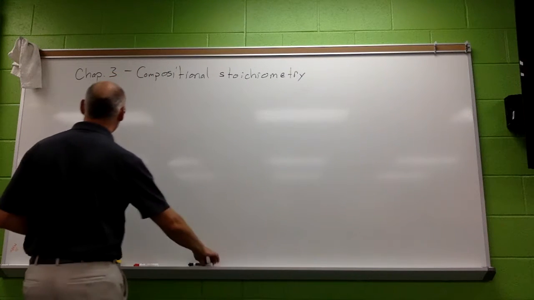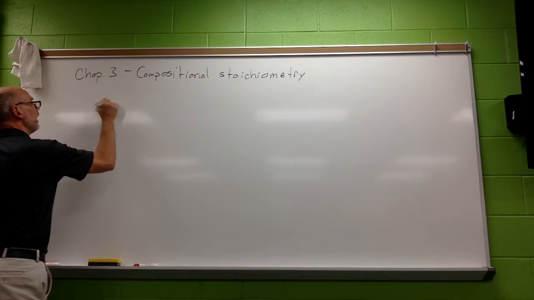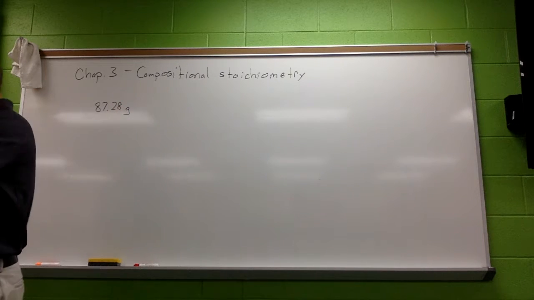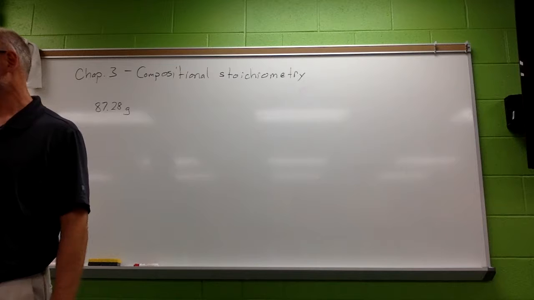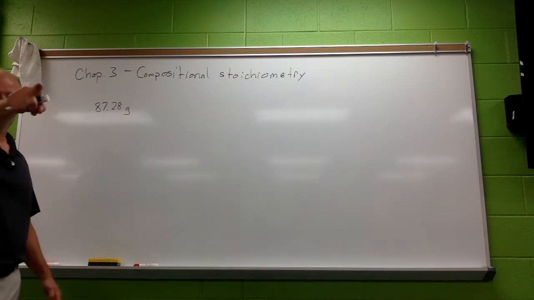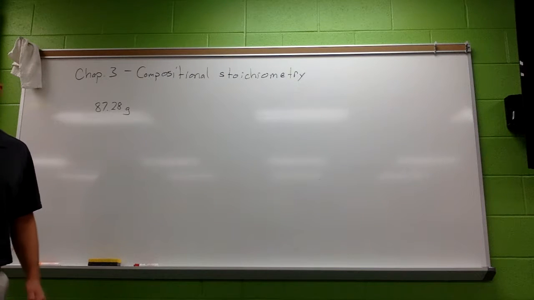Like I said, we're going to kill a couple birds with one stone here. Let me see, I need a number. Stephanie. Thank you. Nicely done. 87.28 grams of, I need an element. Christina. I need another element, Christina. Which nickel?